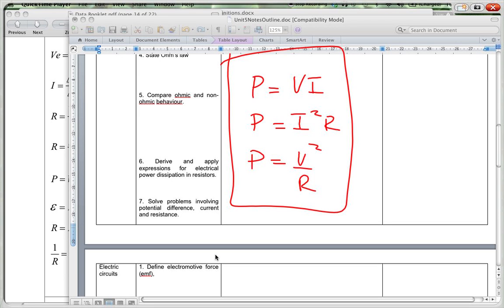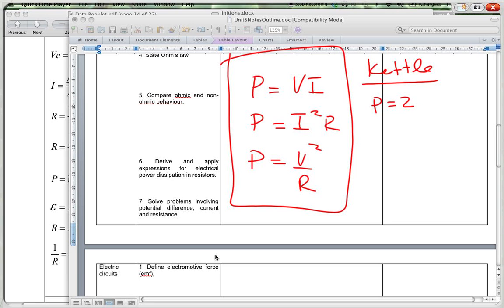And that's how things are always given to you when you look at an appliance. I've got my kettle here, and we've used this kettle before, and it's got a power rating, and I'm going to say this power rating is 2,400 watts. So for my kettle, it says that it's got a power rating.